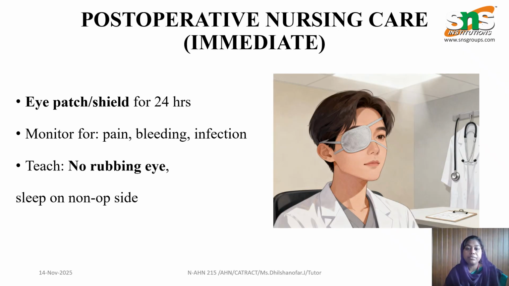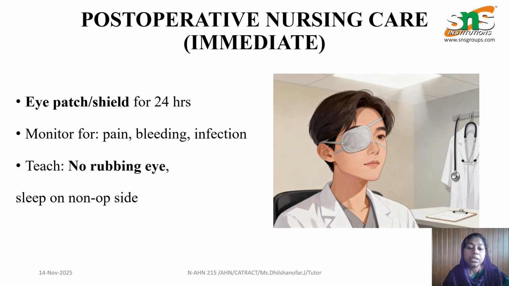Then post-operative nursing care. Immediately after the surgery, the patient is given an eye patch or eye shield for 24 hours to prevent infection and protect from dust particles. Then we have to monitor for pain, bleeding and infection.